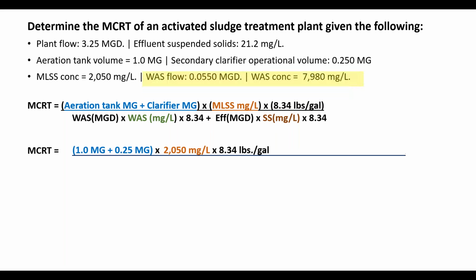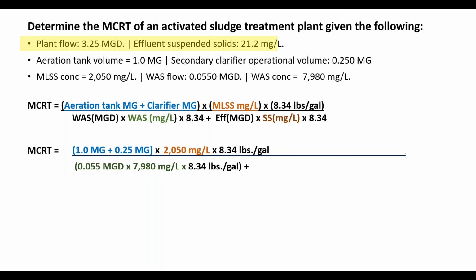If we look at the solids that are leaving as waste activated sludge flow, we have the flow as 0.055 mgd, and the concentration is 7,980 times 8.34. That's going to be on our bottom. That's leaving. And then finally, the solids that are leaving in the effluent, we use the plant flow. Remember, flow is continually coming into the entrance of this system, and it's continually flowing out.